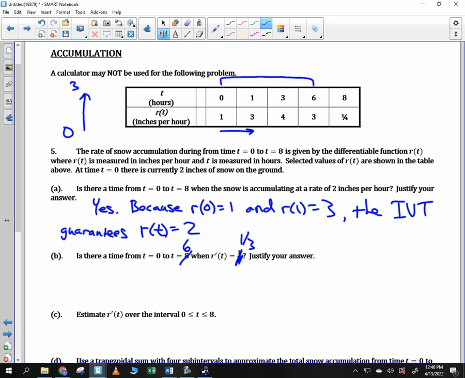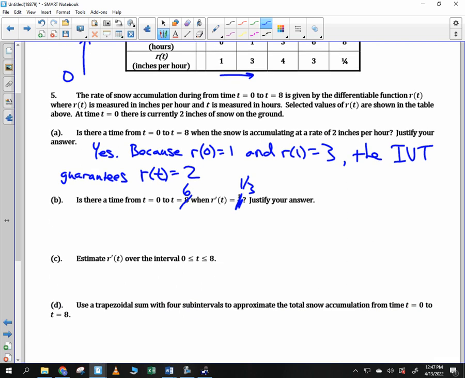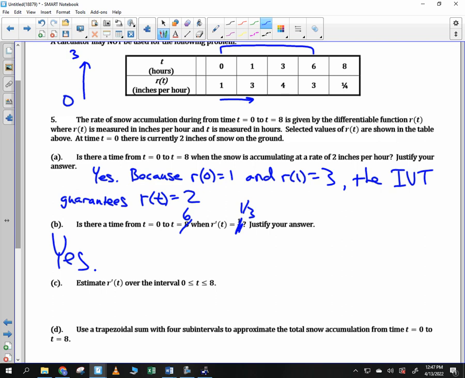Go. All right. Anybody, yes or no? Yes. And the reason why is this: notice R prime is the derivative, correct? So that's the rate of change.